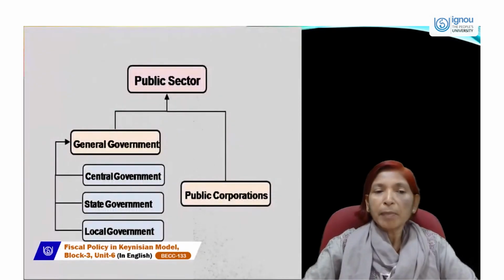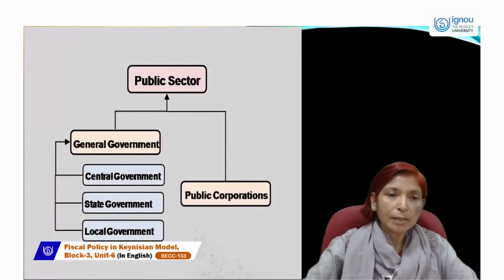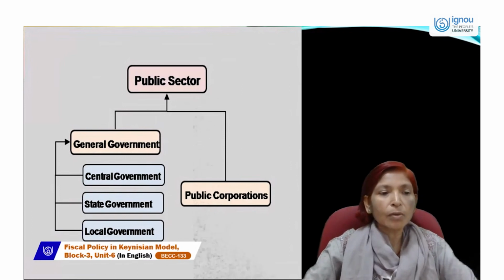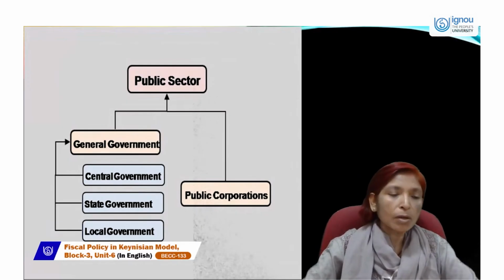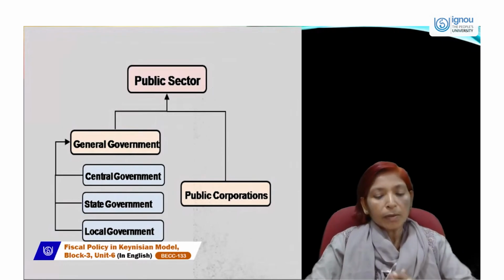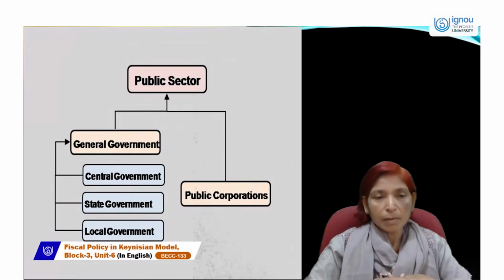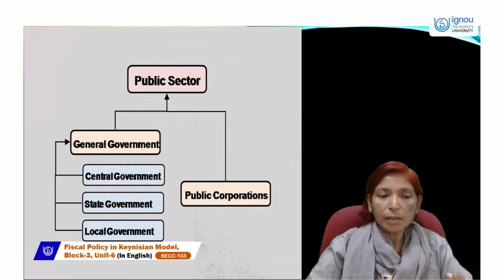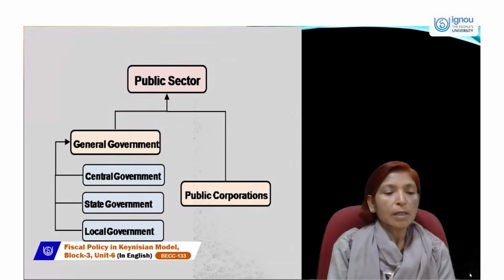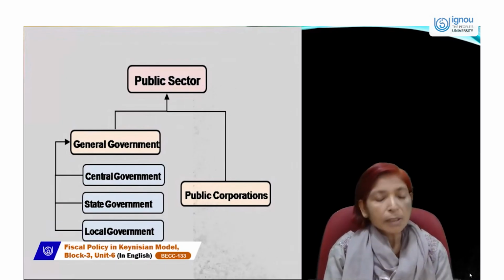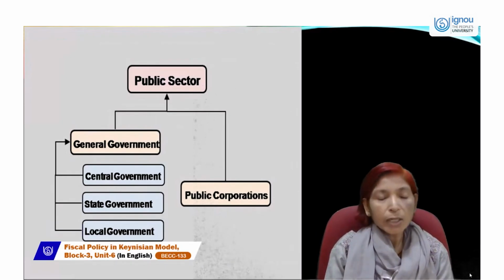Now, next is the public sector. In the public sector, you know that fiscal policy is made by the government, and in the government sector we include the central government, state government, and local government. Because in India a federal government system exists, in which three types of government are included. One is the central government, which plays a very important role and has more power of collecting revenues.